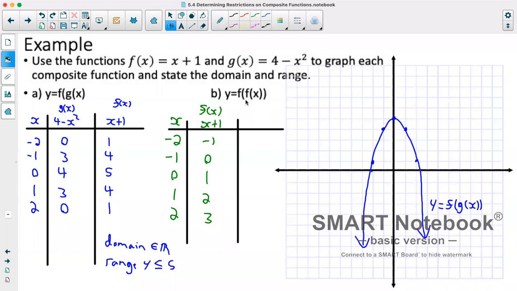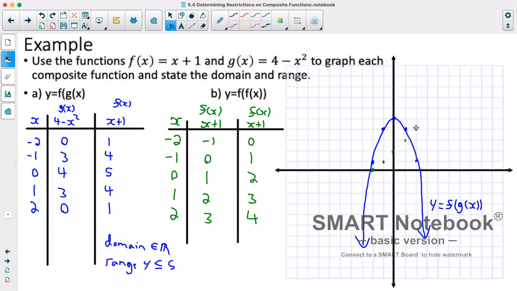Okay, so now we need to do our outer functions. Our outer function was f of x. So that's x plus 1 again. So we have -1 plus 1 is 0. 0 plus 1 is 1. 1 plus 1 is 2. 2 plus 1 is 3. 3 plus 1 is 4. So at -2, we're at 0. -1, we're at 1. 0, we're at 2. 1, we're at 3.